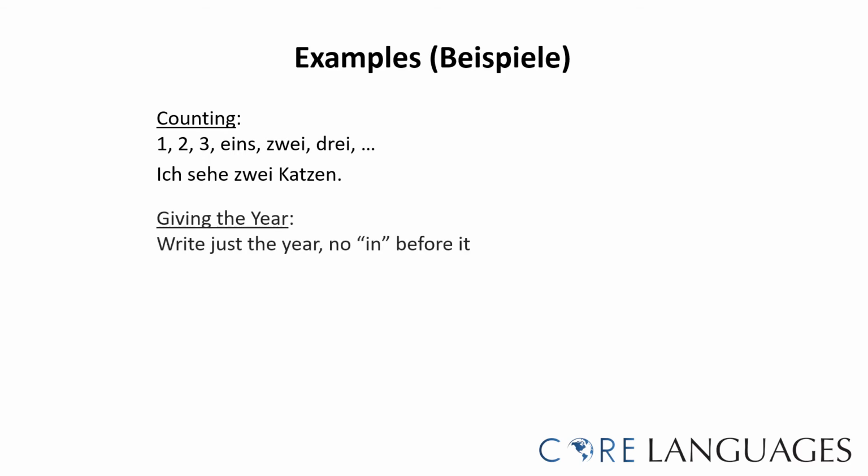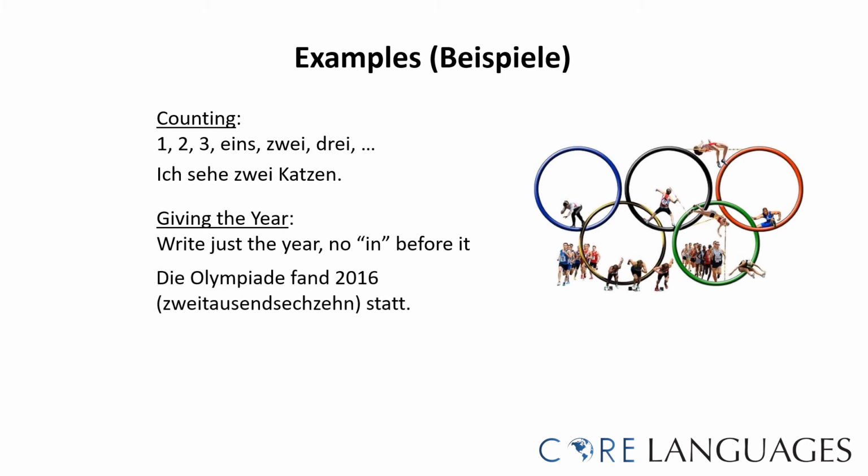When giving the year, we don't typically put "in" before the year. For example, die Olympiade fand 2016 statt. The Olympic Games took place in 2016, but in German we omit the "in". Die Olympiade fand 2016 statt.